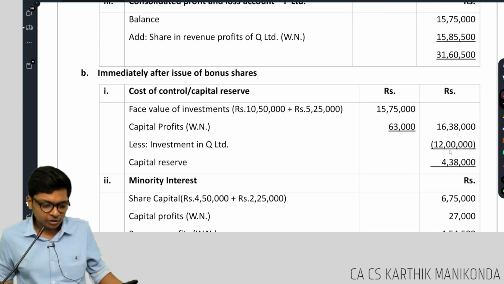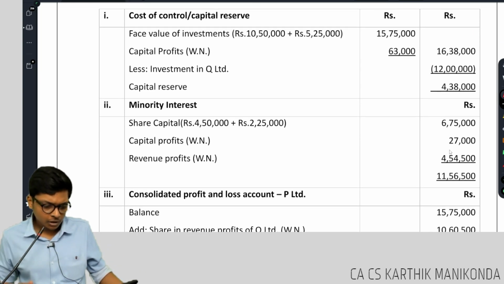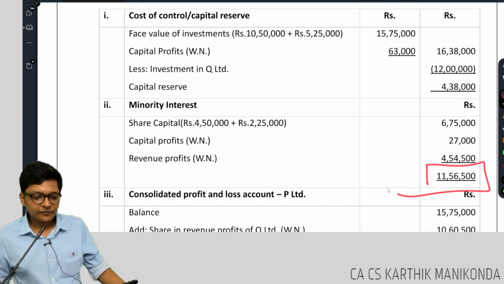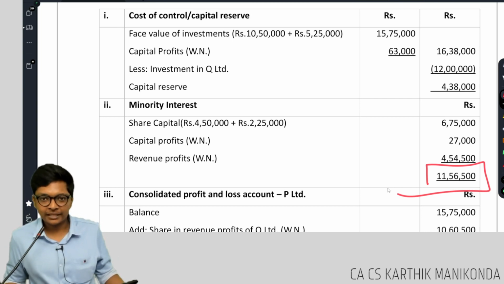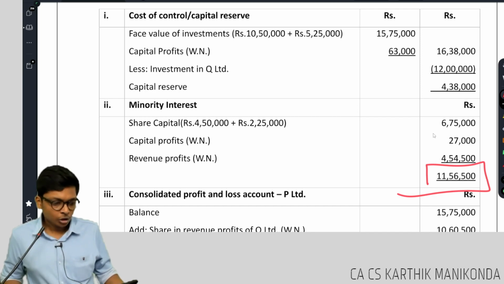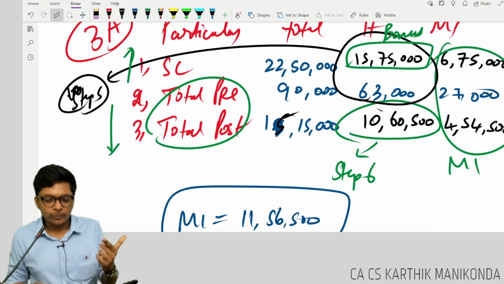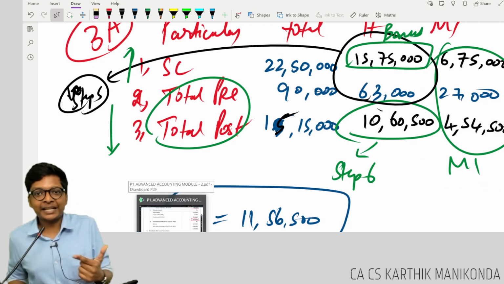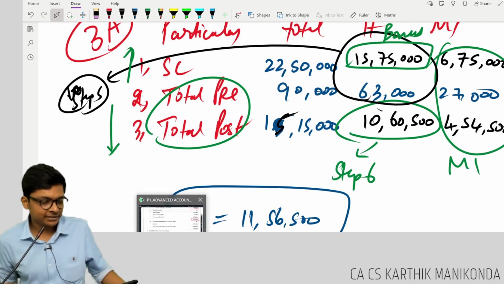Leave that. After bonus issue, 11 lakh 56,500. Are you following, guys? So we got this. In the book they are showing both. You will also show both, but you will not waste time doing the whole thing again. Show only relevant steps. Clear, guys?